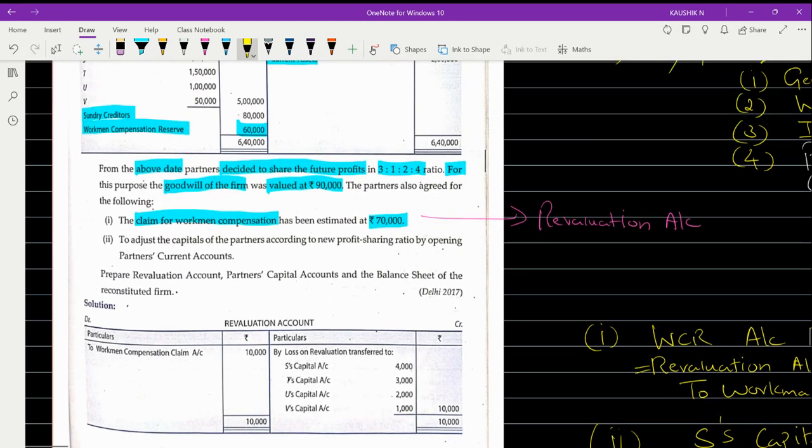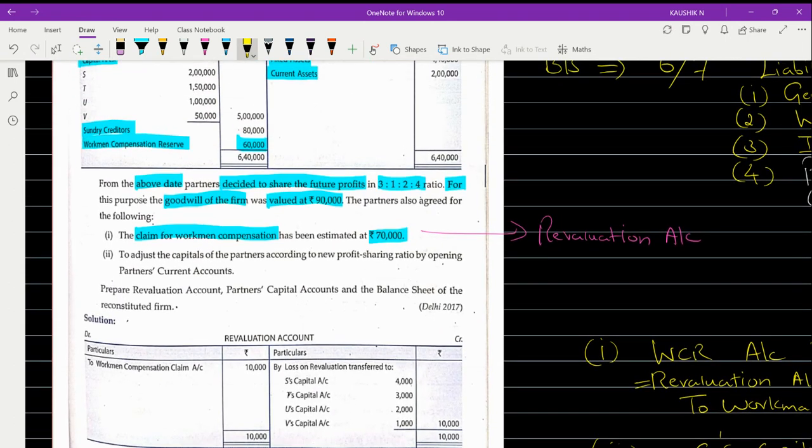Okay. The question further says very clearly to adjust the capitals. So what concept is it? It is mentioned very clearly: adjust the capitals of the partners according to the new profit sharing ratio by opening partners' current accounts.